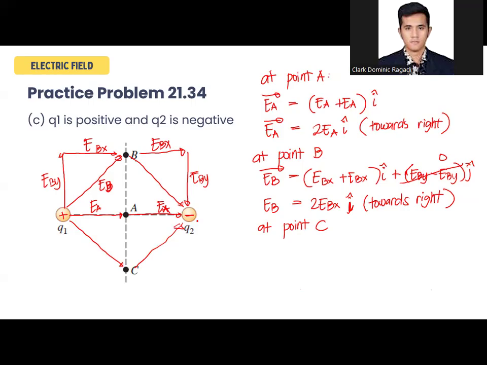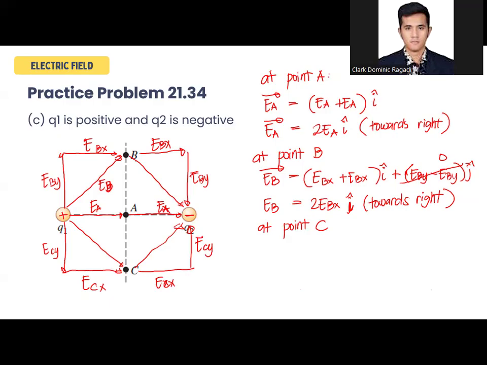The x component is going right, and the y component is going down. So this is ECX, and this is ECY. On the other side, for Q2, the x component still goes right, so ECX, but the y component goes up. So that is ECY.